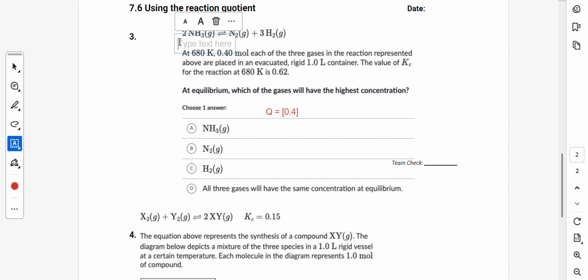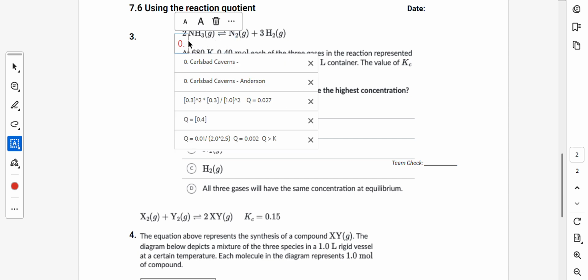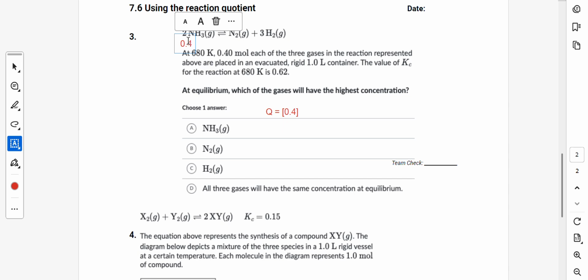Let me just establish up here really quick. They're saying that we drop 0.4 of each one of these, and we drop them in all at the same time. I'm just going to show you guys that work here so that you can see it. I drop this in all at the same time, and I'm going to calculate Q the moment I drop them all in there.